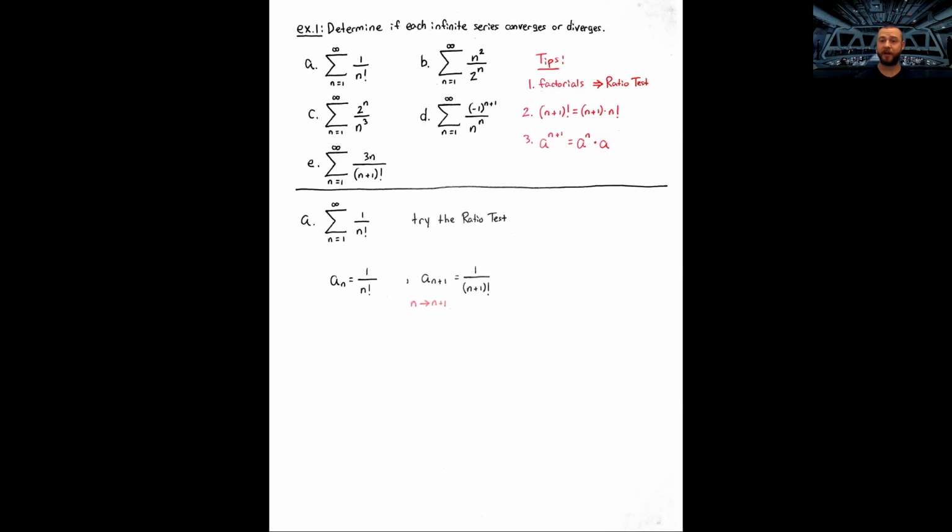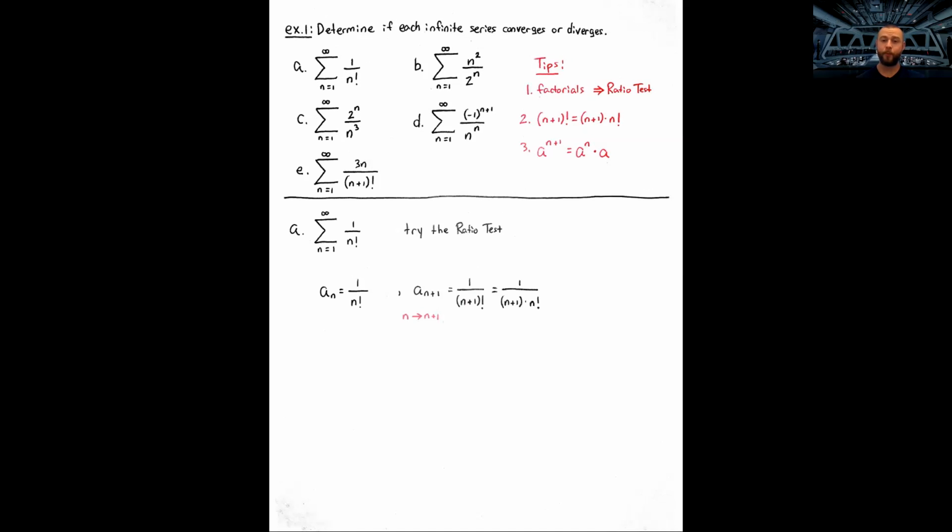Now, to make the algebra in simplifying the ratio of a sub n+1 divided by a sub n as simple as possible, let's apply our iterative factorial property, and we'll rewrite that denominator as n+1 times n factorial. That's a common step when applying the ratio test with factorials.